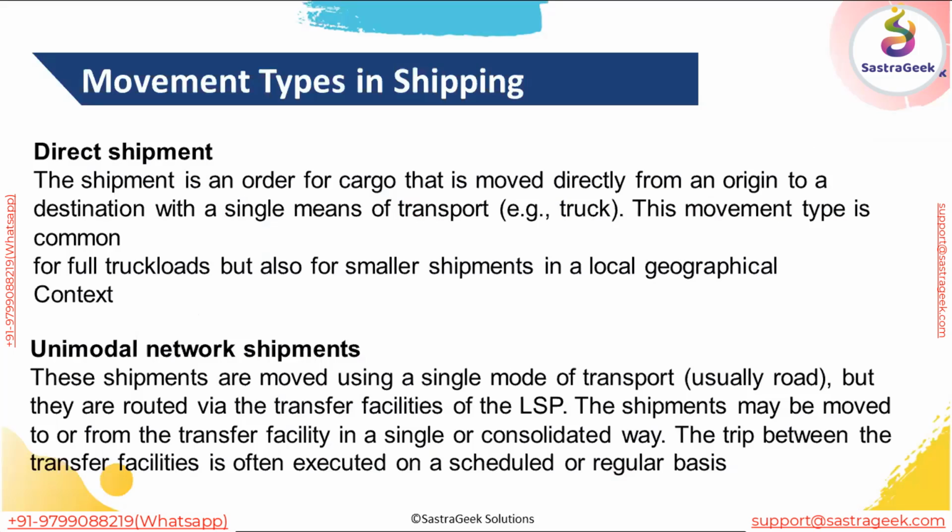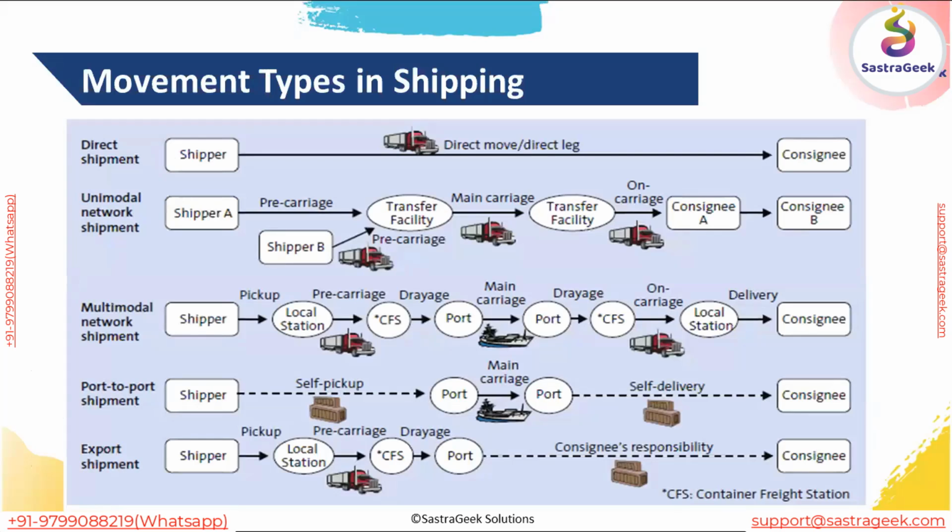Say in Georgia, you pick up parcels from your customers, consolidate them into one single container in your facility, that is in a freight station, and move that container across to the consignees. So this is unimodal.